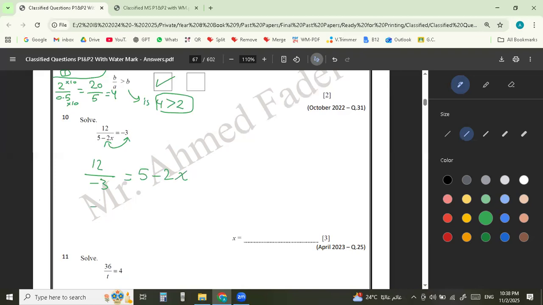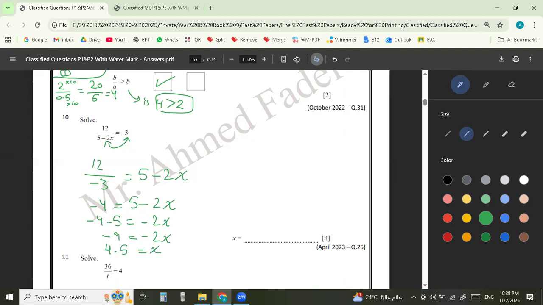This is going to be negative 4 equals 5 minus 2x. Send the 5 there with the negative sign. So negative 4 minus 5 equals negative 2x, which is negative 9 equals negative 2x. So send the negative 2 there, division.